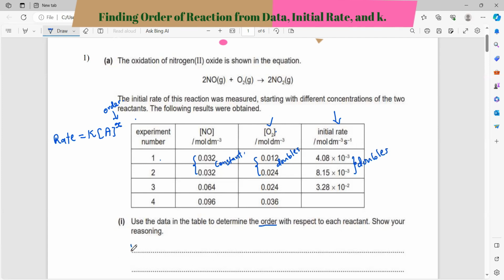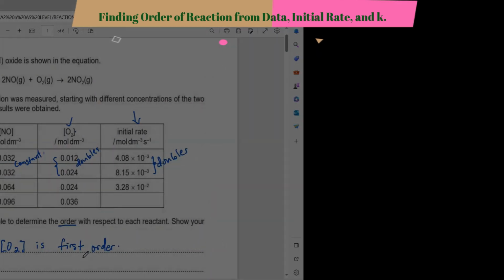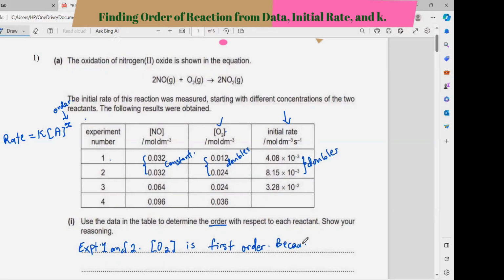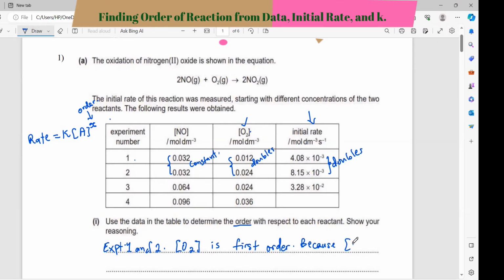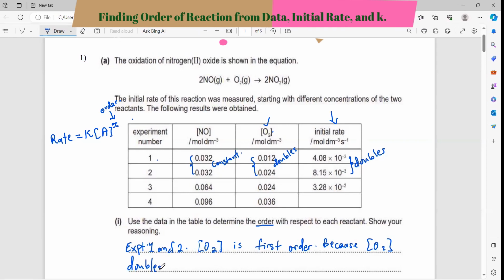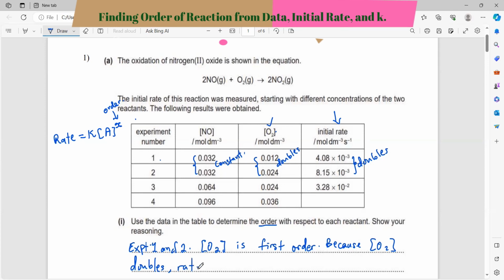So you write it down using experiments 1 and 2. The concentration of oxygen is first order because when the concentration of oxygen doubles, the rate also doubles.